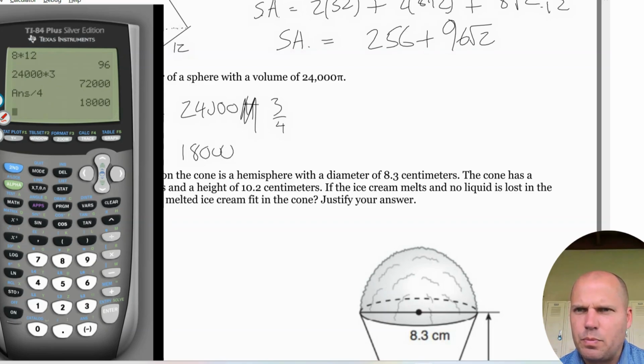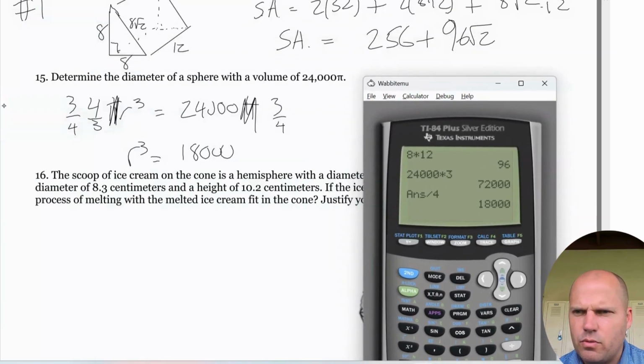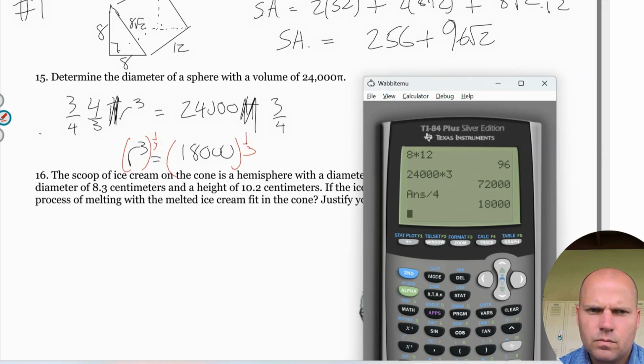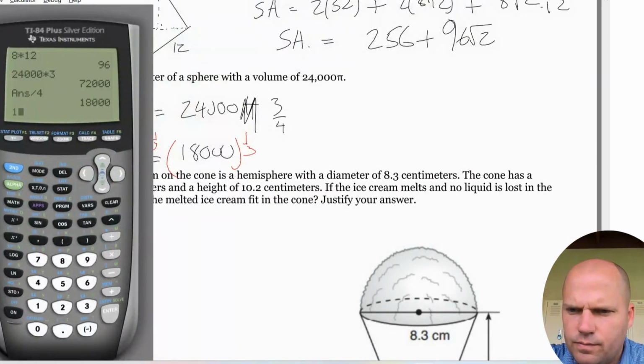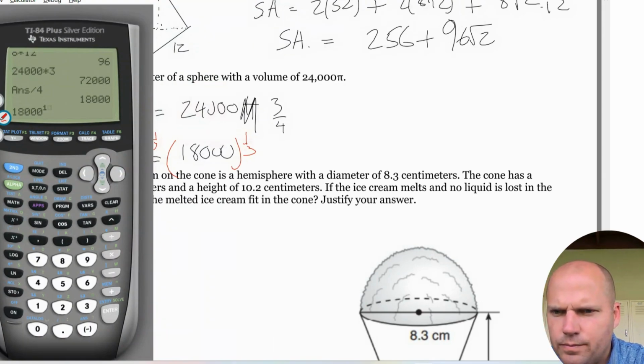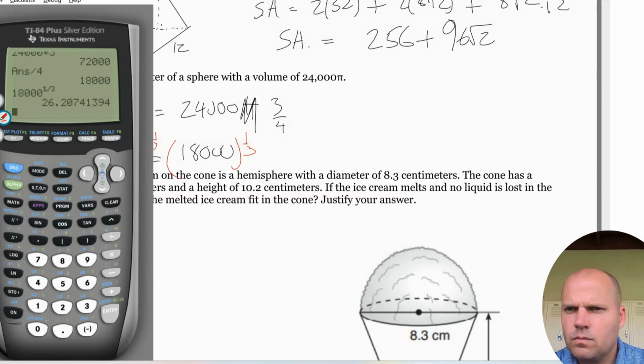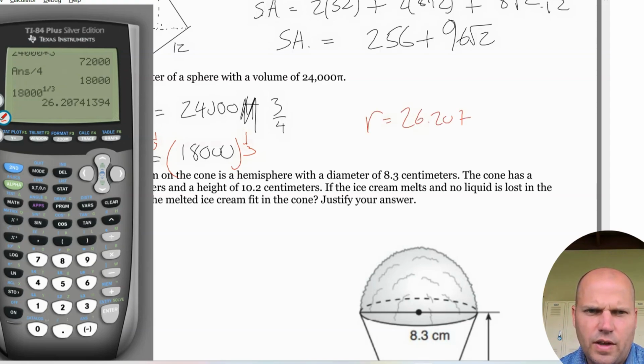I'm going to cube root both sides. How do we cube root? We take both sides to the 1/3 power. 18,000 to the 1/3 power gives 26.207.